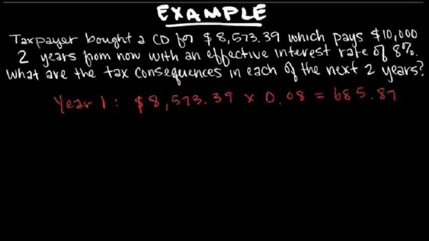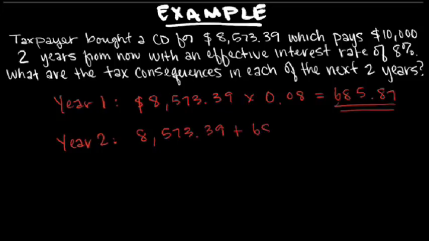This is his interest for year 1. Now in year 2, we then take the amount that he paid for plus the interest that he received. We add that together and we multiply this by the 8% interest.